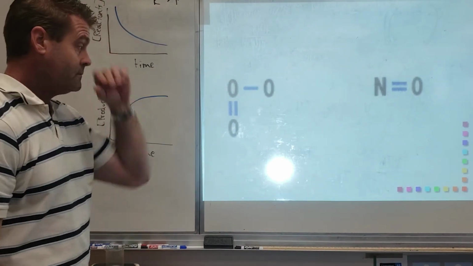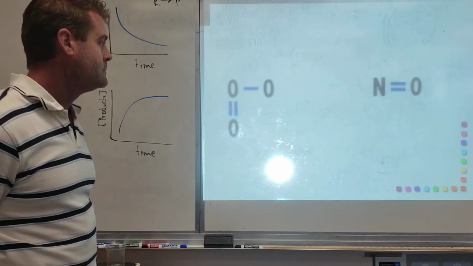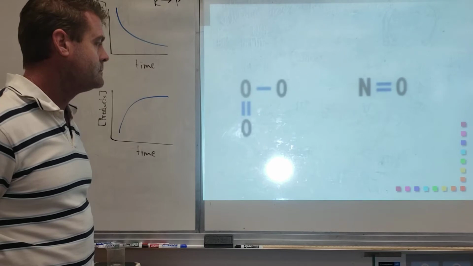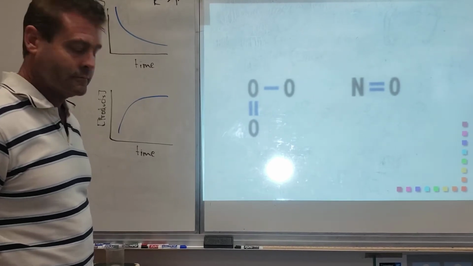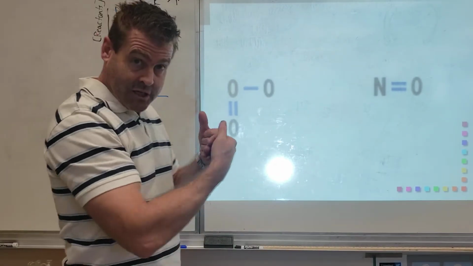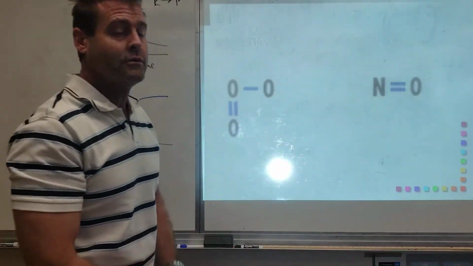For two molecules to react, they must collide. If an ozone molecule and a nitrogen monoxide molecule meet without enough energy to overcome their bond energies, a reaction does not occur, and the molecules separate without reacting. So that would be an example of a collision. They came in contact with each other, but there was no rearrangement of atoms, and therefore it was an ineffective collision.